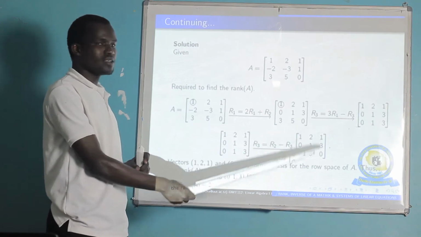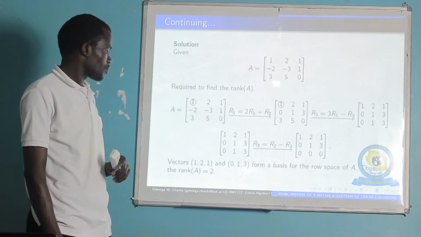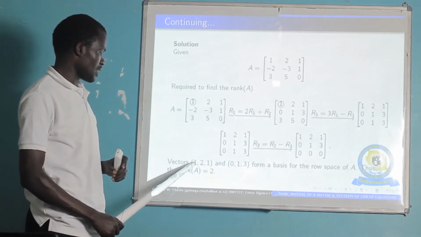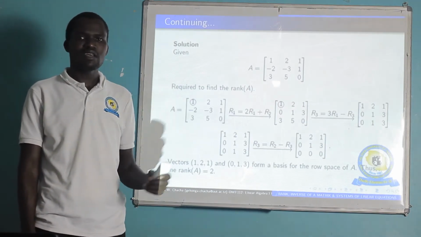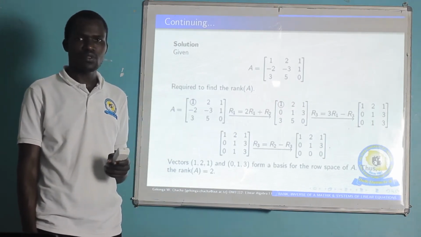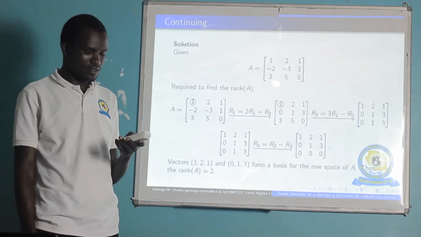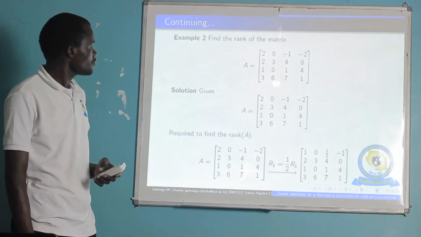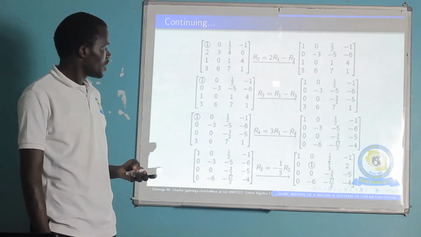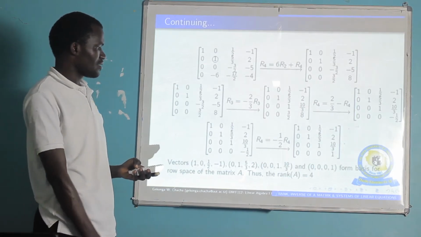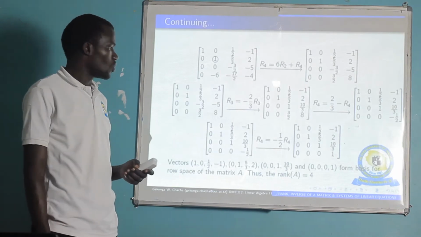The remaining non-zero rows are only 2. Since there are only 2 non-zero rows, we conclude that the rank of the matrix A is 2.